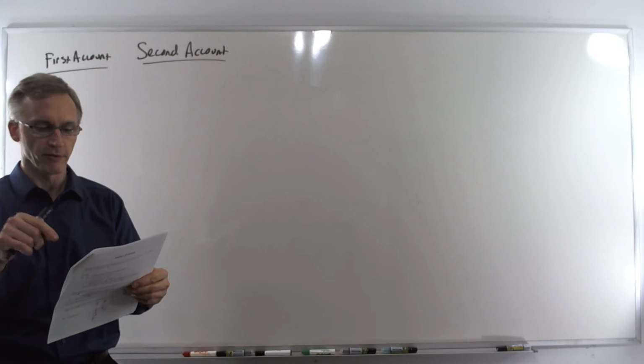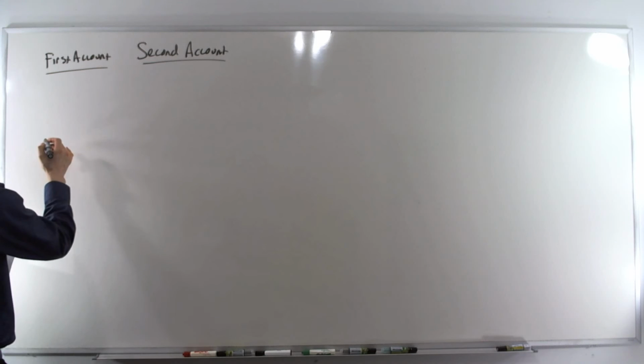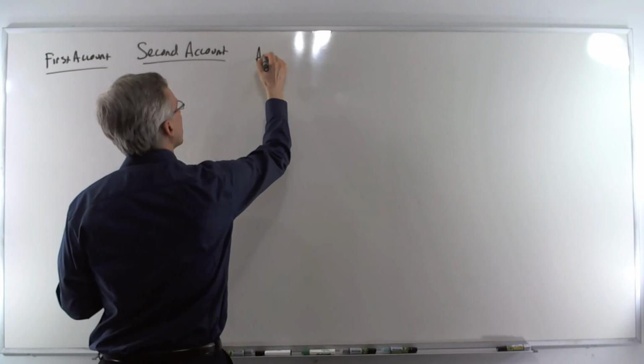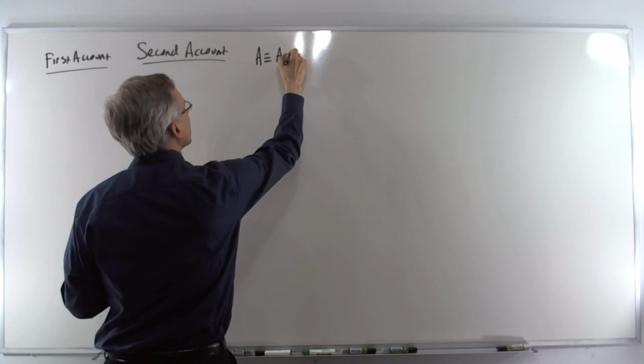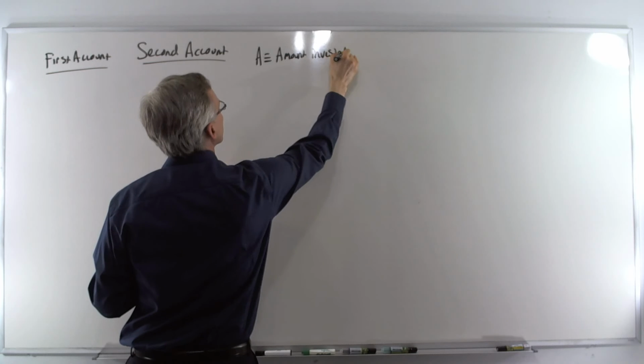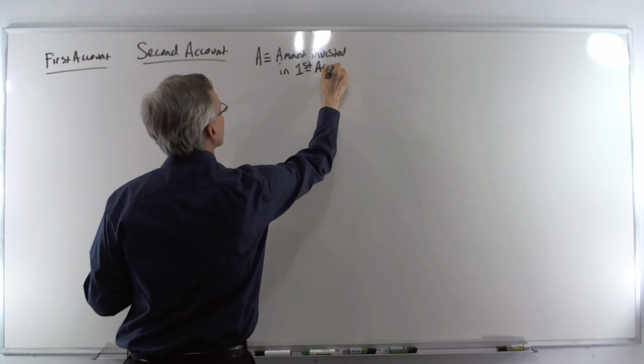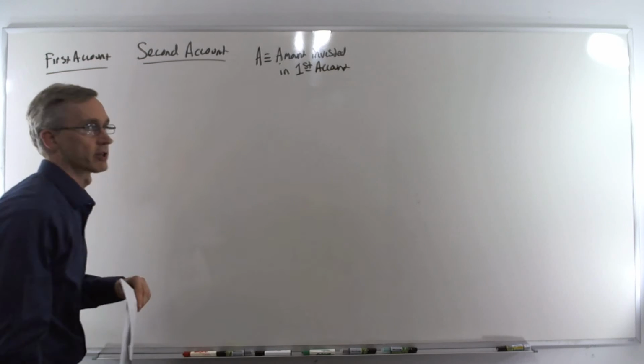Let's use one variable for the first account. And we're going to define A to be the amount invested in the first account.